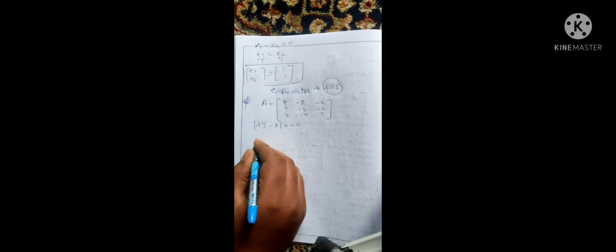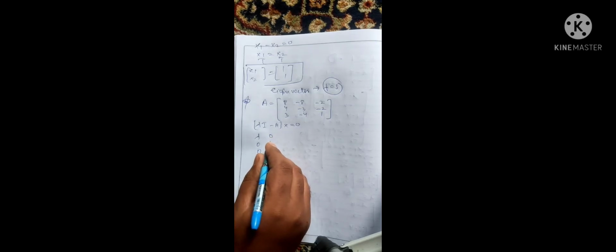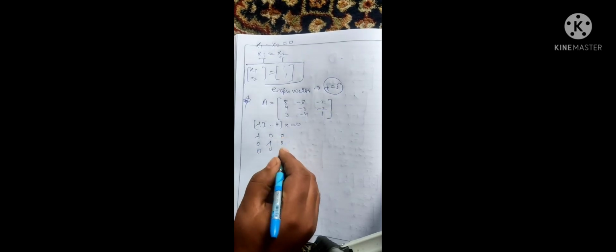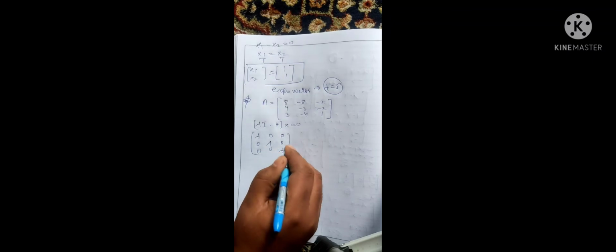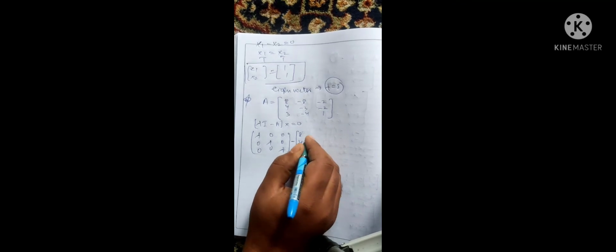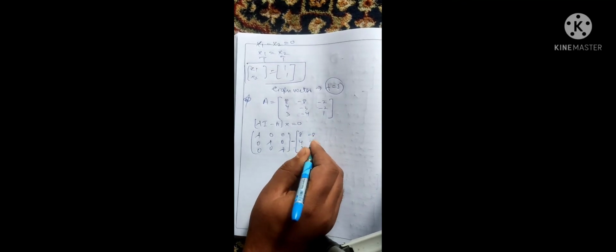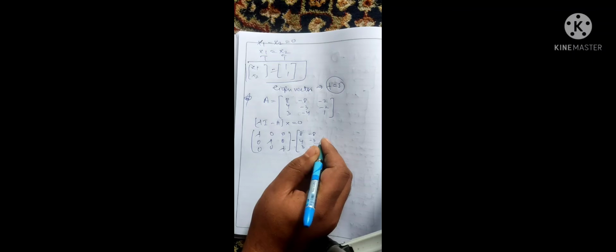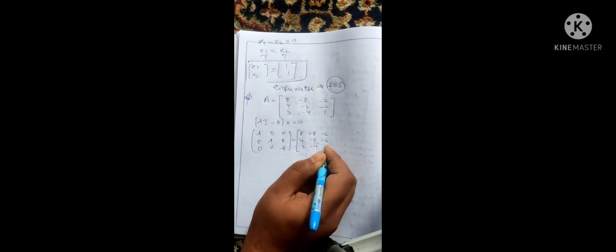Okay, so lambda I will come out to be like lambda 0 0, 0 lambda 0, 0 0 lambda, minus A. A is our given matrix: 8, 4, 3, minus 8, minus 3, minus 4, minus 2, minus 2, 1.